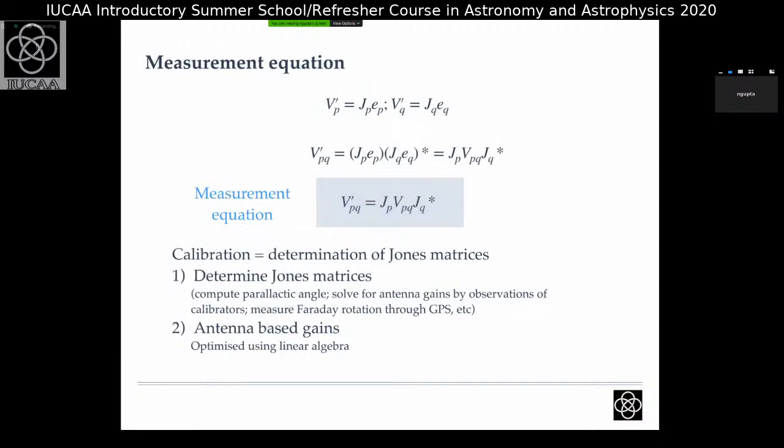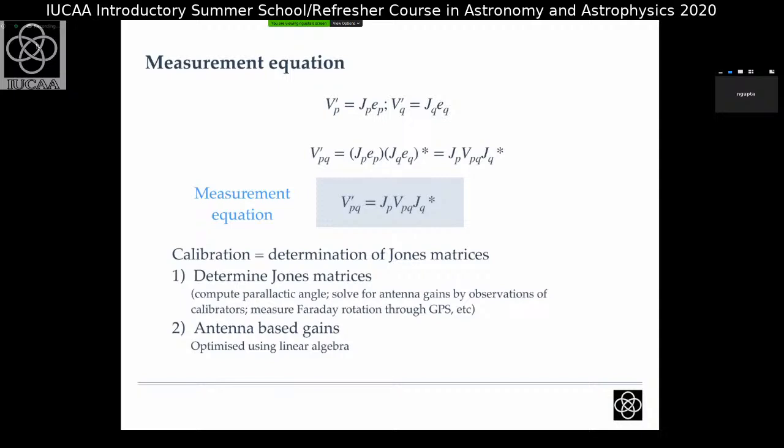So again, if we start with VP prime, my modified visibility for a particular antenna, that is JP times EP, where JP is the Jones matrix, and for another antenna, I have a similar equation labeled as Q, right? So now what does the correlator give me? VPQ prime, right?